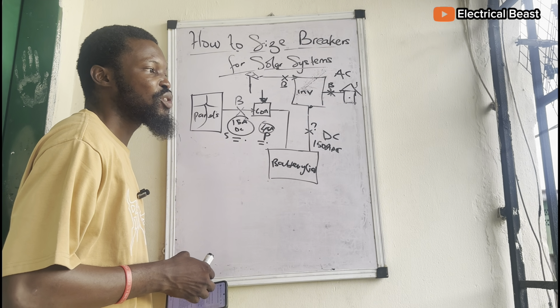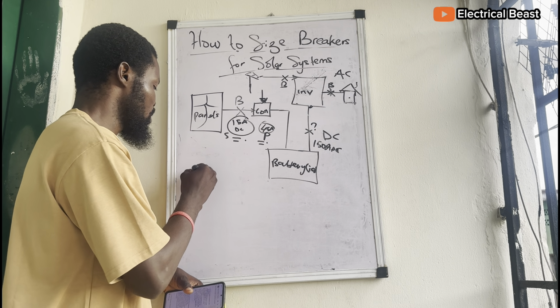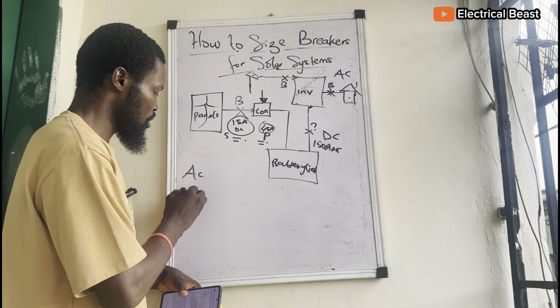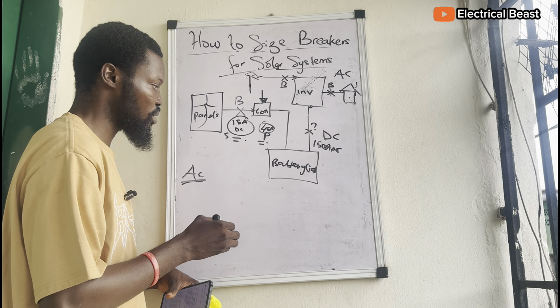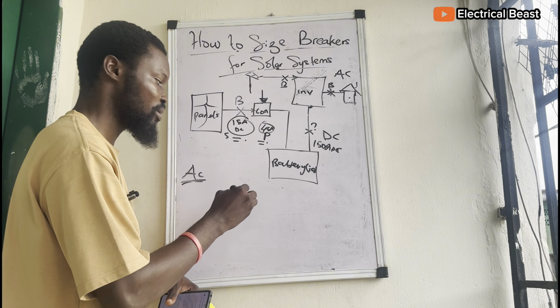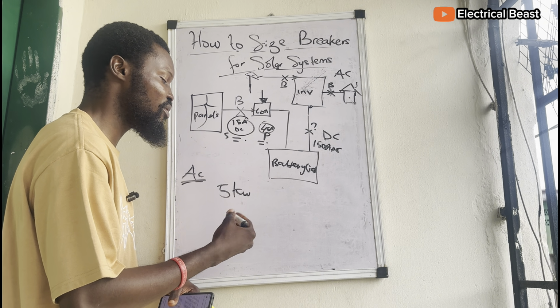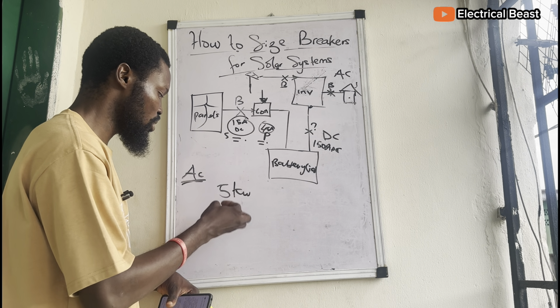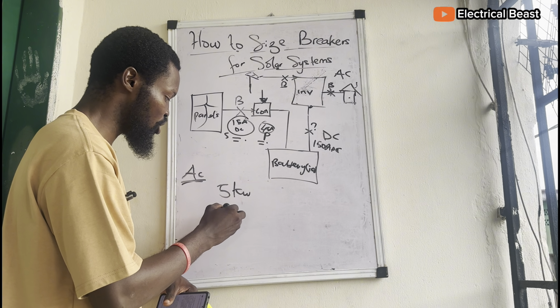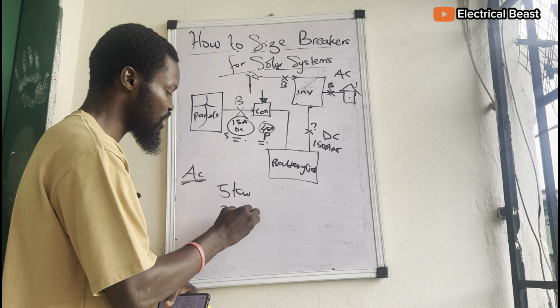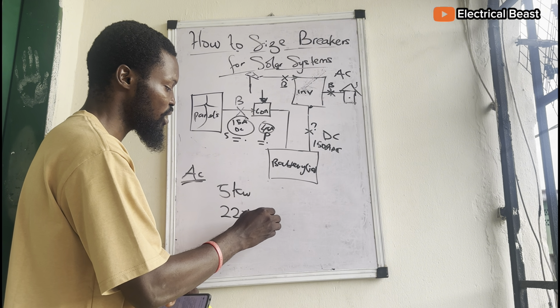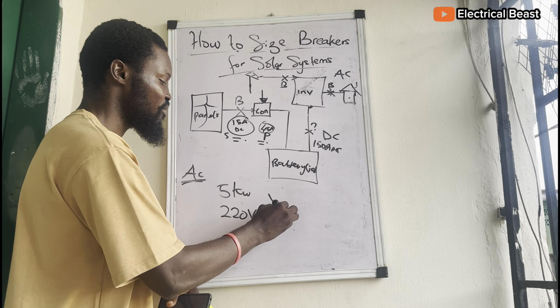But some inverters, you will not see the exact rated current, but you know the capacity of the inverter as maybe 5 kVA or 5 kilowatts. Then you also know the voltage, which is 220 volts AC. That's the output of the inverter.